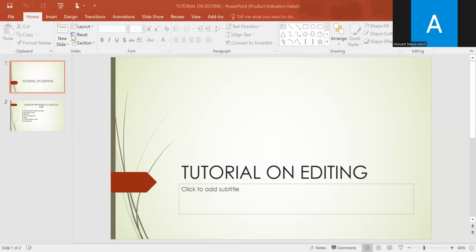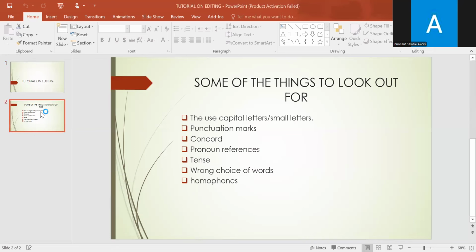So let's see what this actually means to us. In the examination, you will see a paragraph, as I said.